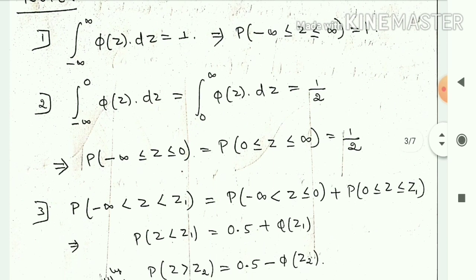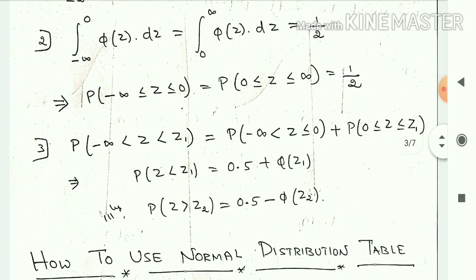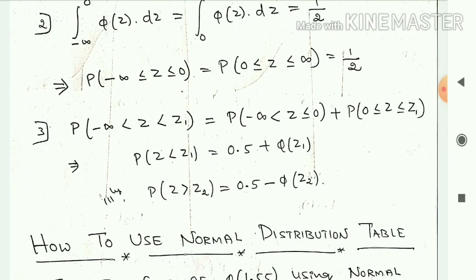Now, the next important observation, p of z less than z1. What is the meaning? We have to find the area from minus infinity to the point z1. First I will find the value from minus infinity to 0, that is p of minus infinity less than z less than or equal to 0, plus from 0 to the next point, that is z1. What is the area from minus infinity to 0? That is 0.5, right? That we cannot change.